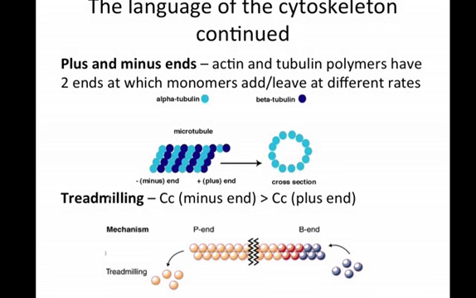And so when the critical concentration at your minus end is greater than the critical concentration at your plus end, then you get treadmilling. And that's because you are adding faster at your minus end and leaving at your plus end, and it makes it look like the whole polymer is moving.